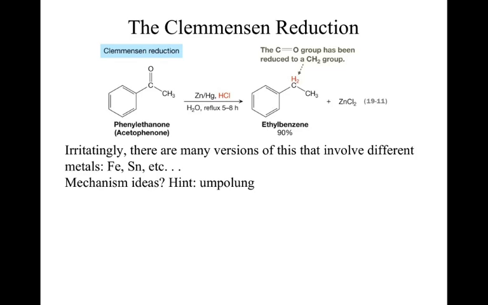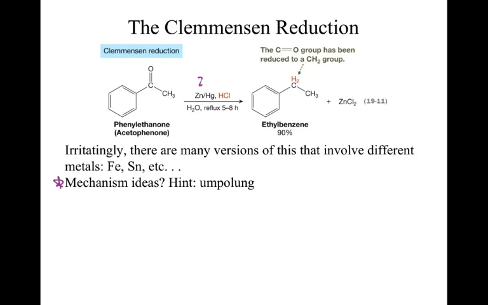If we think back to the mechanism idea, we've got kind of a bizarre one going on here. We're going to do an umpolung, much like we did for the Wolff-Kishner. Okay, we need to get those red hydrogens attached to that carbon. That's what they're showing in this reaction. But then that means that carbon has to be negatively charged because the hydrogens are positively charged.